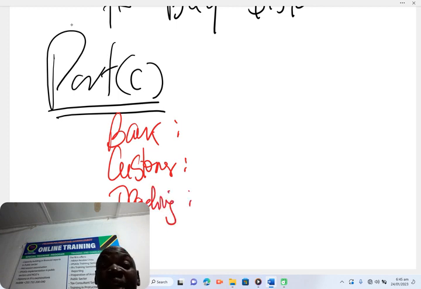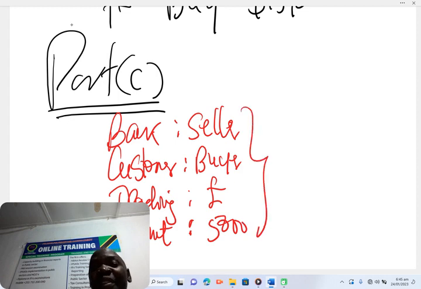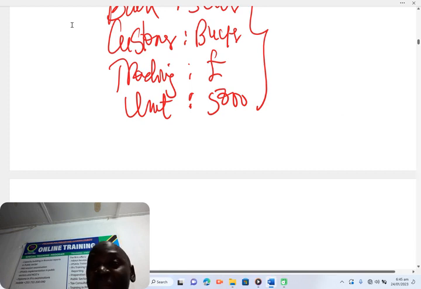Yes. There, a bank is a seller, a customer is a buyer. If it sells what? Pounds. It's a trading currency. How many units? 5,000 is a number of units. Now, which rate? The first quotation will prevail.